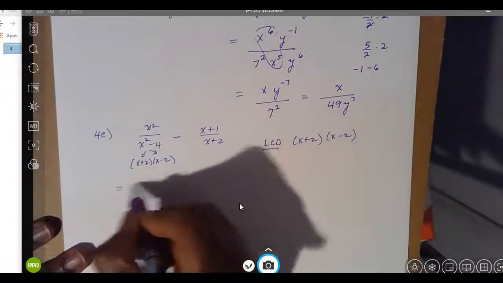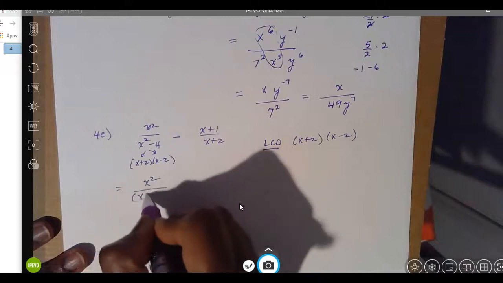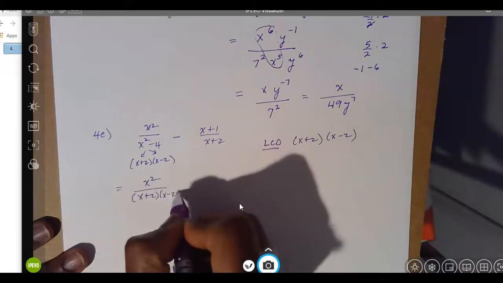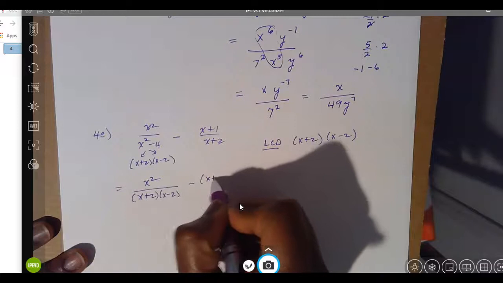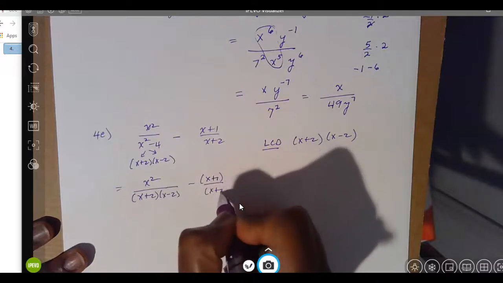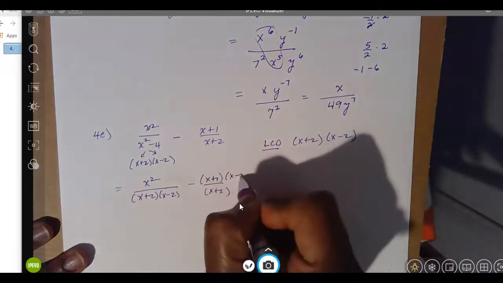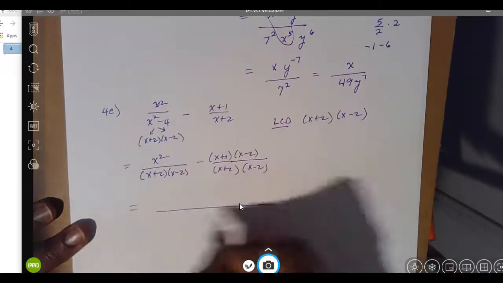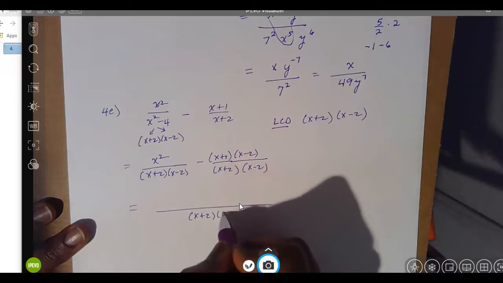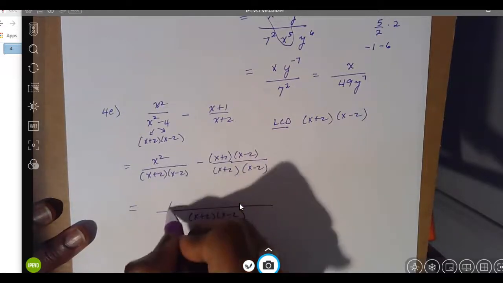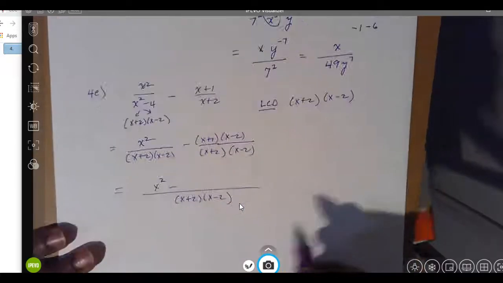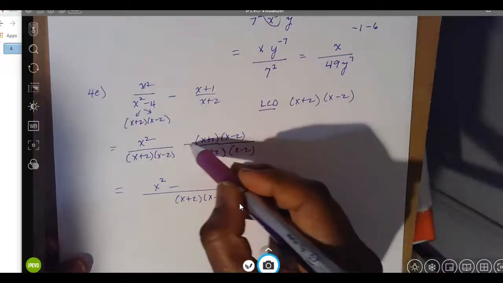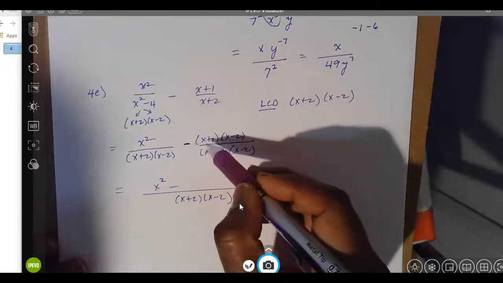Now the first fraction is just as it is because it already has the common denominator, but the second fraction is lacking a factor. It's lacking the x minus 2. So multiply top and bottom by it, and just like that we have a common denominator. This first fraction just has an x squared. Now for this bit, you need to be careful because you have a minus and you have to FOIL this.